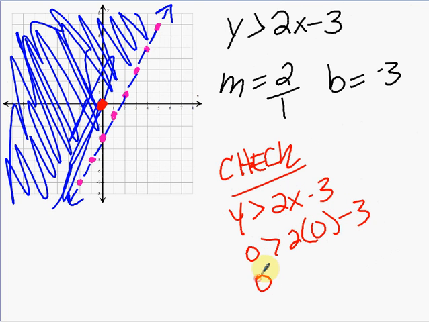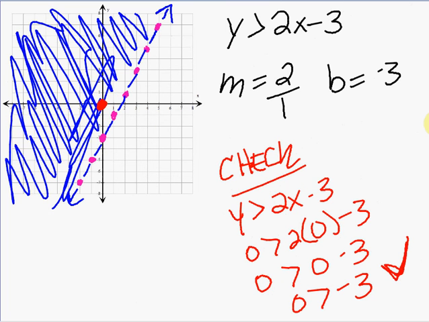And I get 0 is bigger than 0 minus 3. I get 0 is bigger than negative 3. That's true. If you don't have any money, that's better than owing somebody $3. So 0 is bigger. And that means that I shaded in the right side, the side with 0, 0.